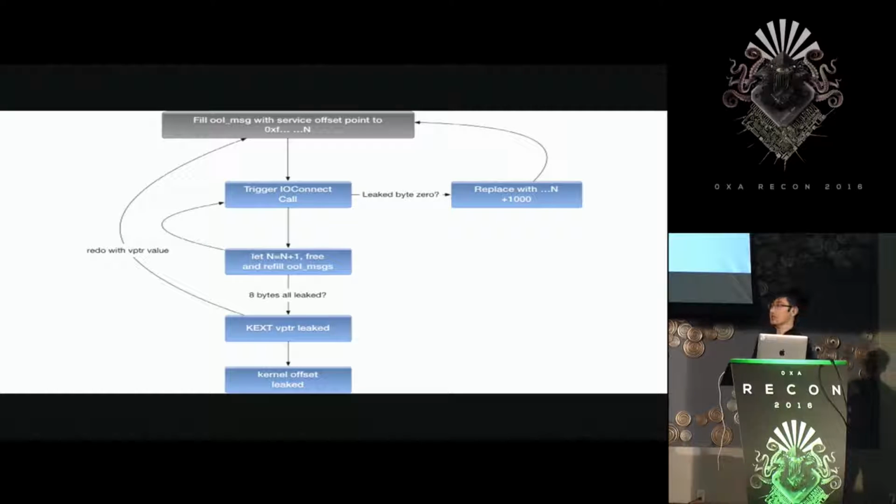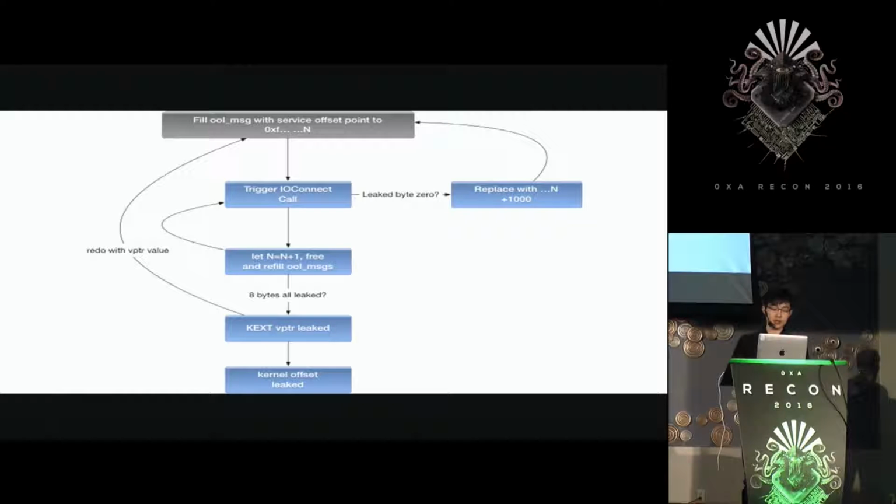table pointer in hand, we refill the OR message with this address, and we use it to leak a kernel offset. If we leak the virtual table pointer of the KST, the address is actually in the data section of the accelerator family, and to do ROP and to execute some root commands, we need the address of the kernel itself.